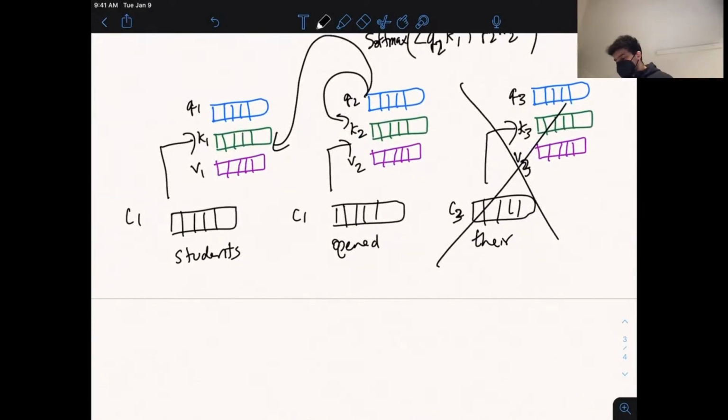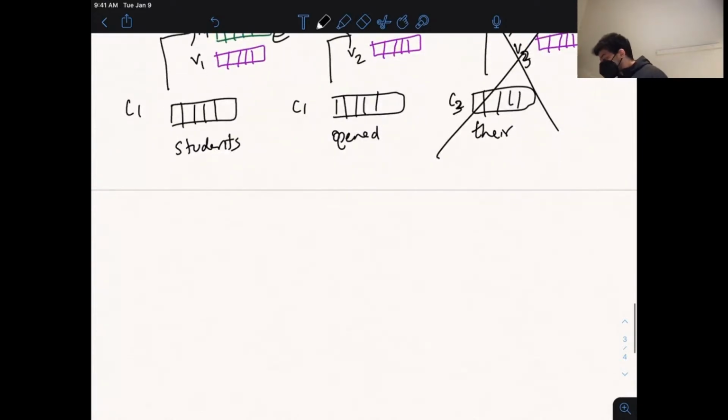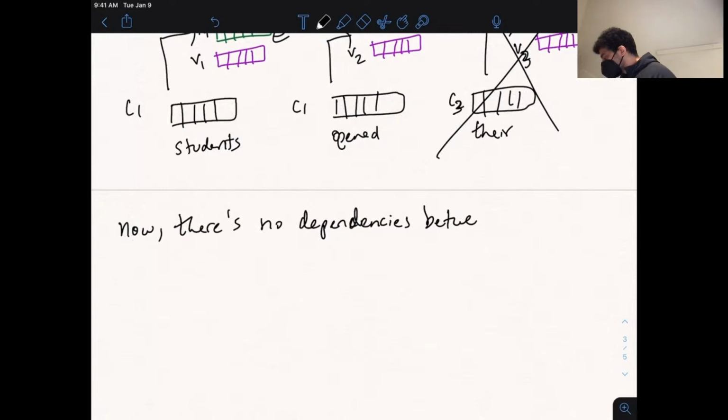So you can all obviously imagine how this works for the first position of the sequence as well. You put 100% of the probability on the very first value vector, so nothing special happens. So the important thing here, going to your question, is that now there are no dependencies between H1, H2, and H3, right?